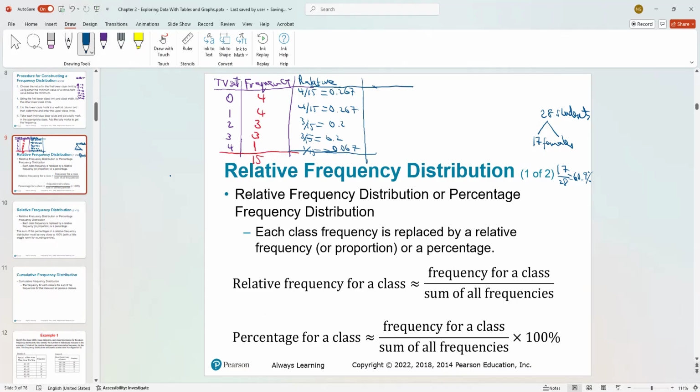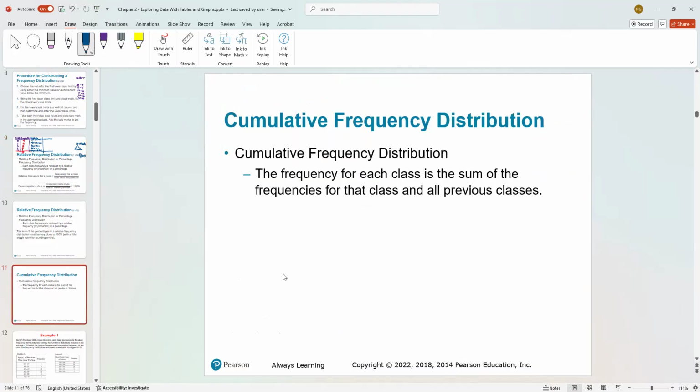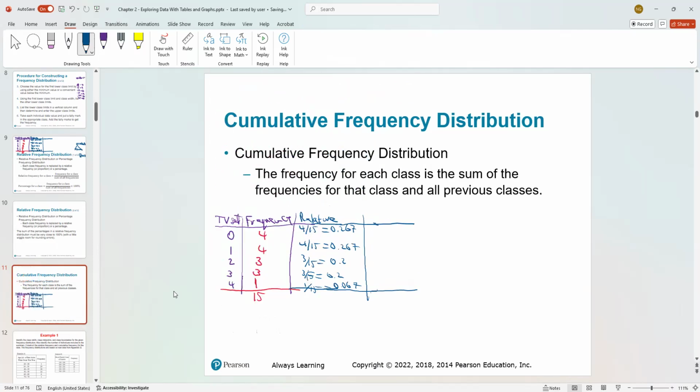But there is one more column we can add, which I would copy and bring to the last slides as an example: the cumulative frequency distribution.